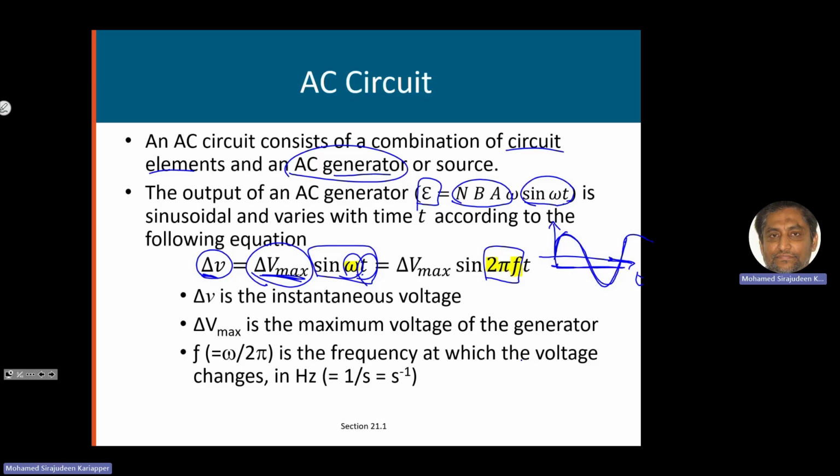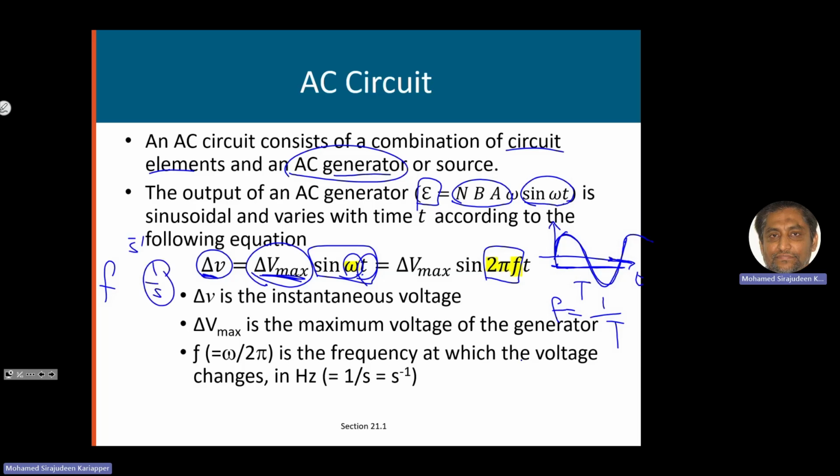The time it takes to complete one cycle I call the period, capital T, and the frequency is 1 over the period. That means how many cycles in 1 second. So the unit of frequency will be 1 over second.